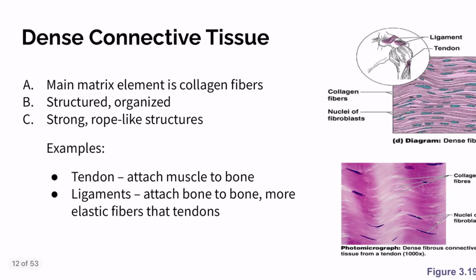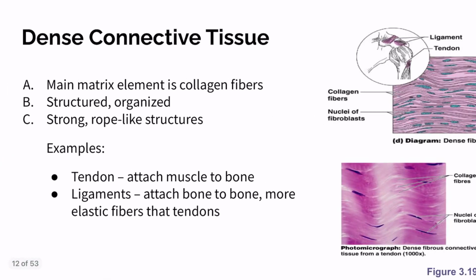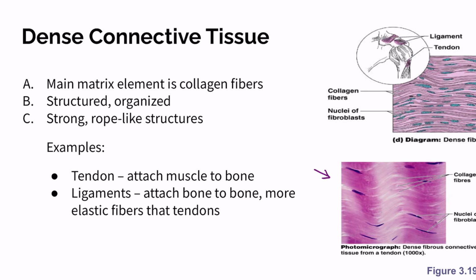So we're going to get into the different types. Dense connective tissue is densely packed with collagen fibers, as you can see here. And there are two types, which are not shown on this slide for some reason. Dense regular and dense irregular.